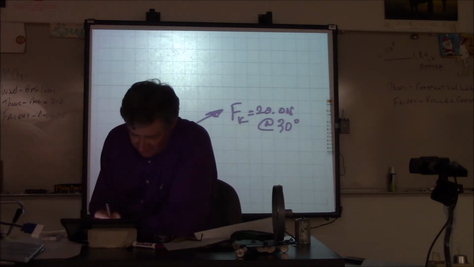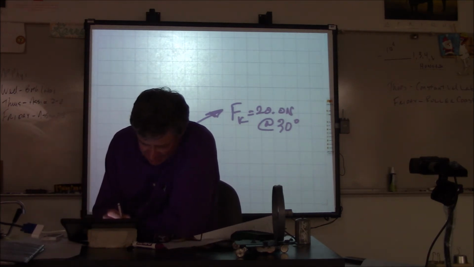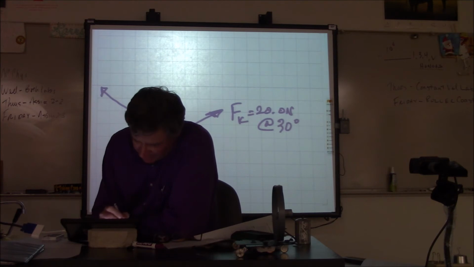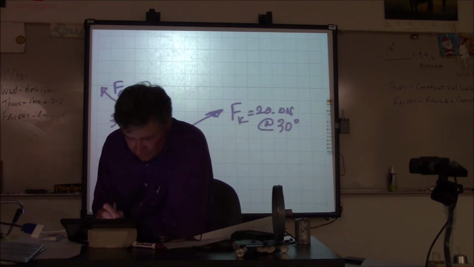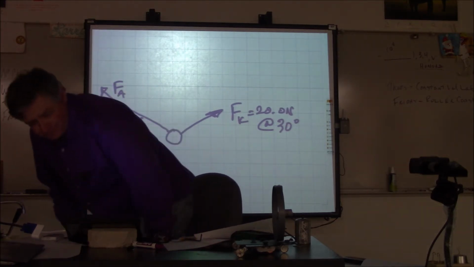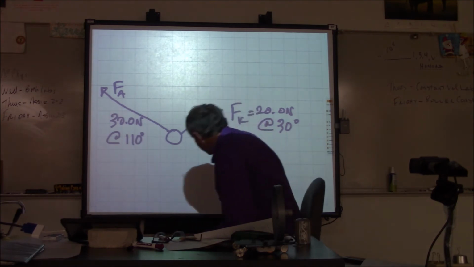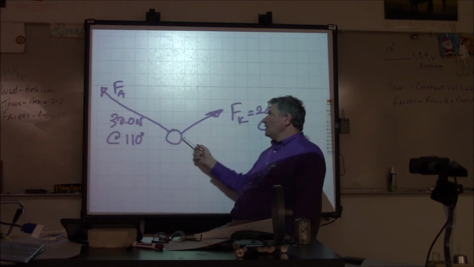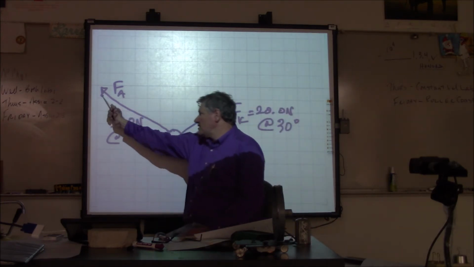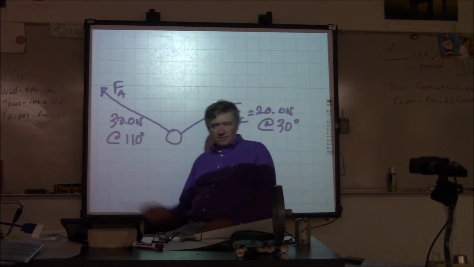So we're going to have Angelique kick this way with a force of 30 newtons at 110 degrees. Okay? So here's the deal. So we got Caden kicking this way at 20. We got Angelique kicking this way 30 newtons at 110 degrees.